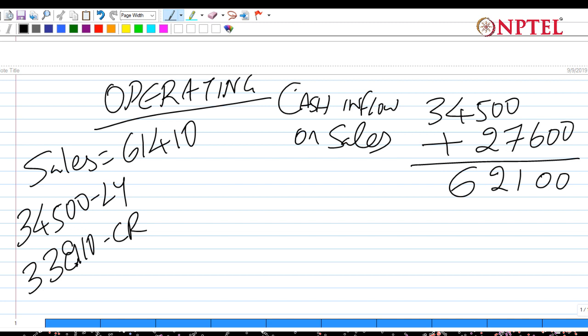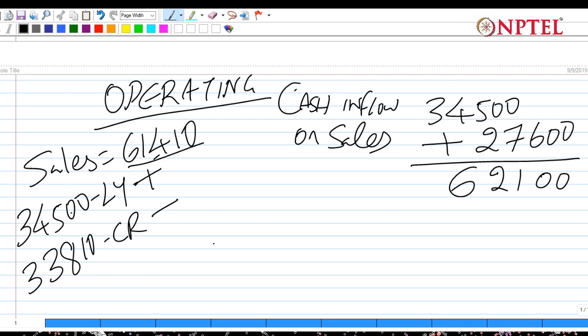It will take 30 seconds to show up there. Yeah. Now, if you see this, this is last year, and this is the current year's receivables. This is the total sales. This is the money that you have received on last year's sales.